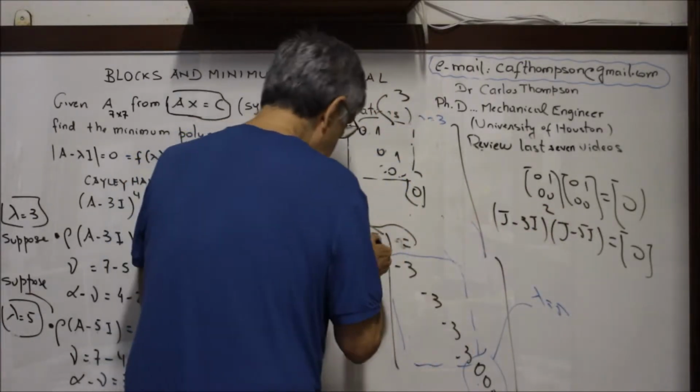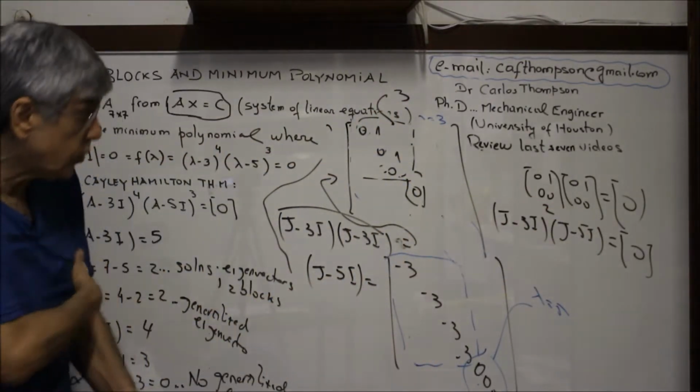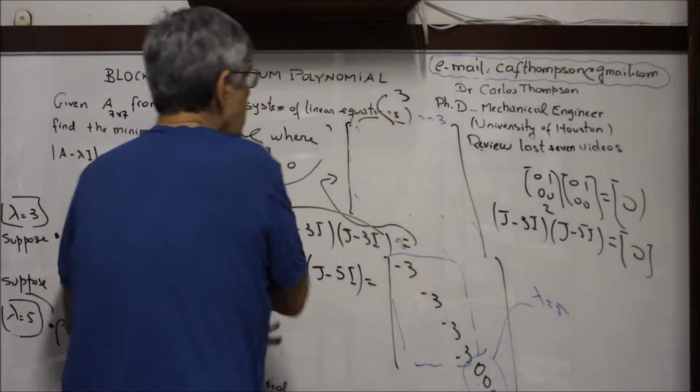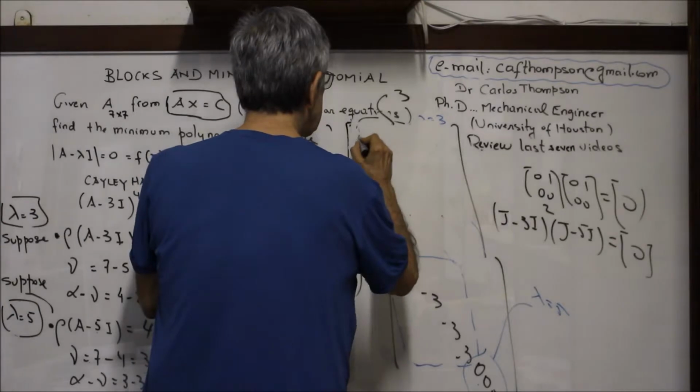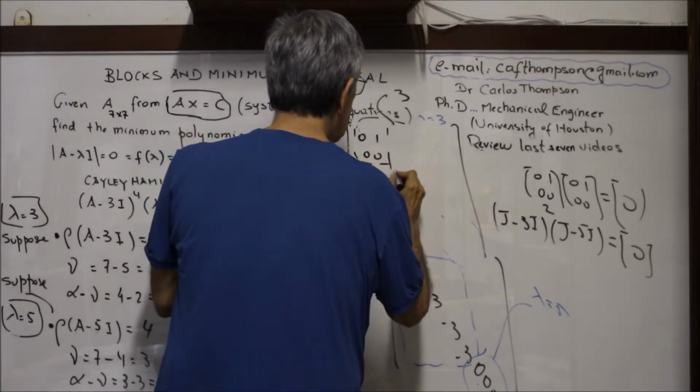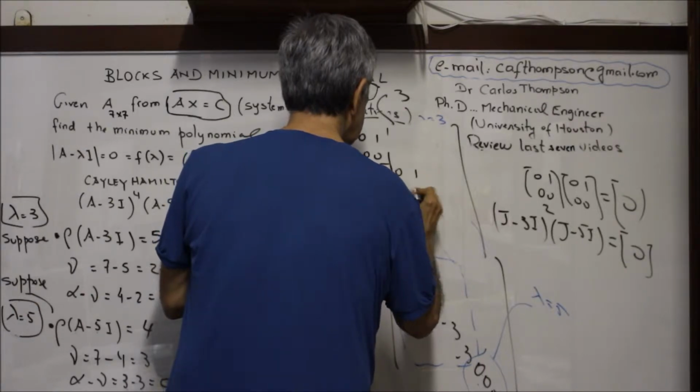But now, because I still have two blocks, but the blocks are like this, 0, 1, 0, 0, that's one block, and the other one, 0, 1, 0, 0.